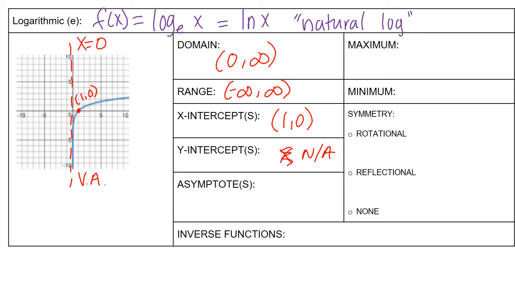Asymptotes. So instead of having horizontal asymptotes, I now have a vertical asymptote at x equals 0. There's no maximum and no minimum because I'm going on forever. And I still have no symmetry.